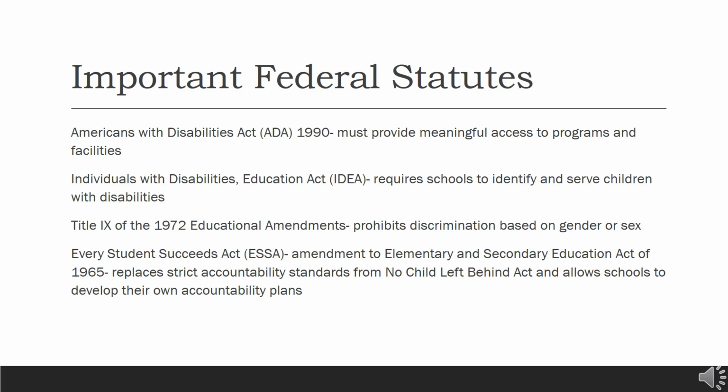And the ESSA, Every Student Succeeds Act, is an amendment to the Elementary and Secondary Education Act of 1965, and that gives states guidance from the federal government as to expectations and accountability for student success.